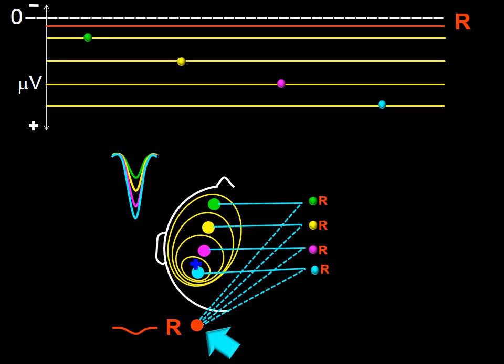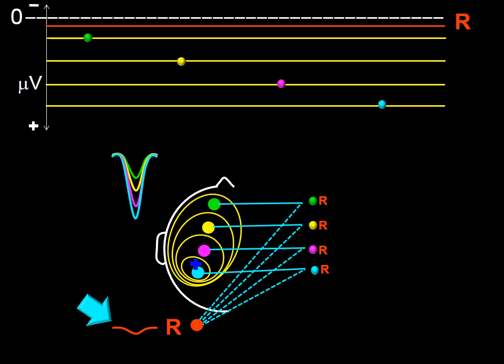I have now introduced a wave by the side of the reference electrode in the isopotential map. The polarity of the waveform, that is, the wave that is forming the common reference, is positive.